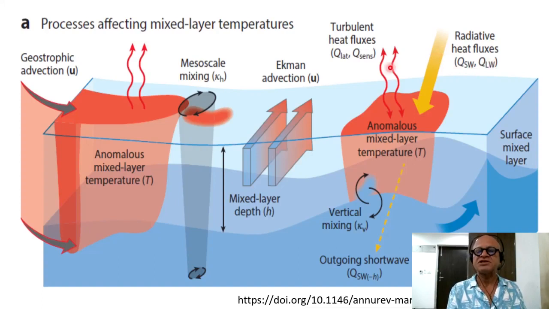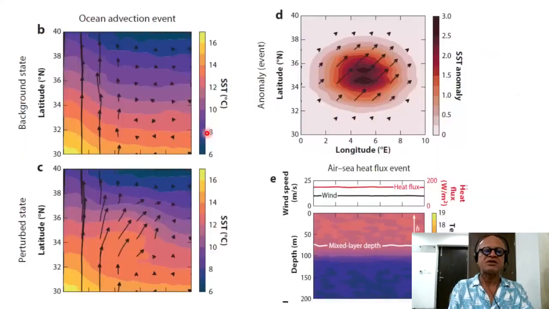Of course you can also have sensible heat fluxes, as we will see in a minute, and depending on the depth of the mixed layer you can also have the shortwave penetrating and escaping from the bottom of the mixed layer, called here outgoing shortwave, or it's often called penetrative radiation, and you can have changes in upwelling and downwelling as well. So generically speaking, those are the processes that drive changes in mixed layer depth and sea surface temperature and the heat content, which is what we are looking at in this case.